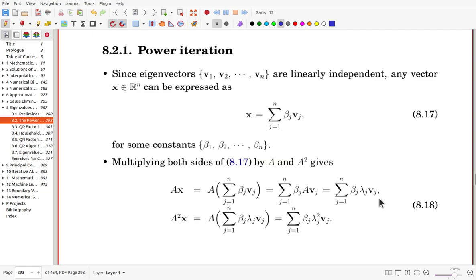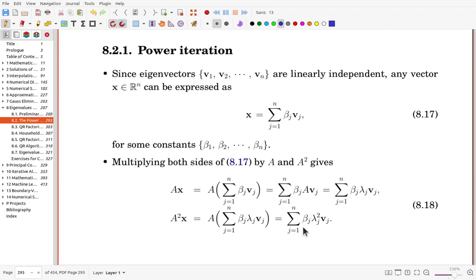We apply A one more time, so A squared x, which is the same as A times Ax, is this one. Again we multiply A term by term, exactly the same way. Then we reach this result, with lambda j squared.